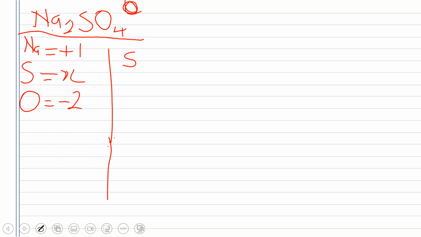What is the oxidation number for Na? We start with Na is here. Na is plus 1. So I have plus 1. But remember, there's 2 here. There's 2 of Na here. So we multiply this by 2. Bring your plus. We're summing it up. We have S. What's the oxidation number of S? We are representing it by X. So I put my X here.